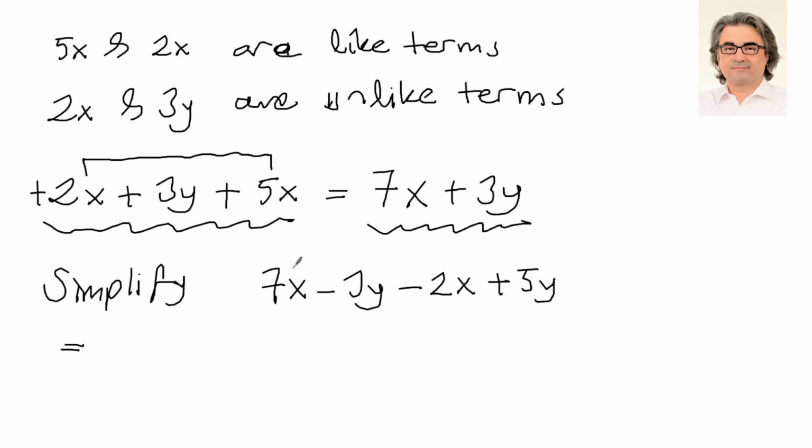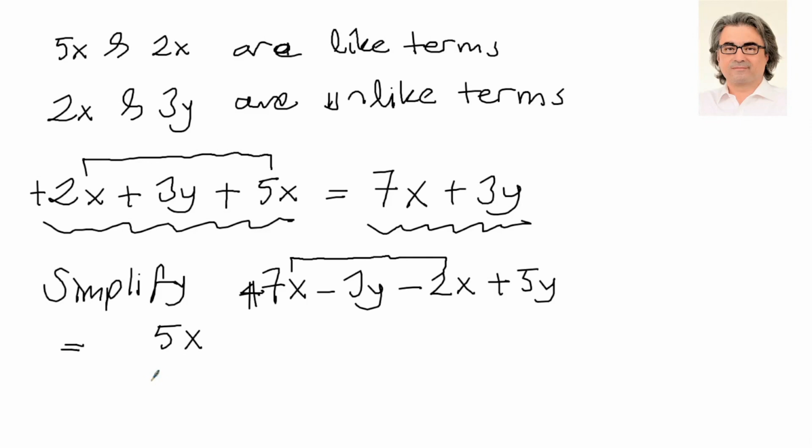Now, the like terms are 7x and minus 2x. Plus 7x minus 2x. They have opposite signs. So, what is the difference between 7 and 2? 5, and the sign of 5 is the sign of the greater one. 7x is the greater, so its sign is plus. So I have 5x here. So I finished the operation between the terms 7x and minus 2x.